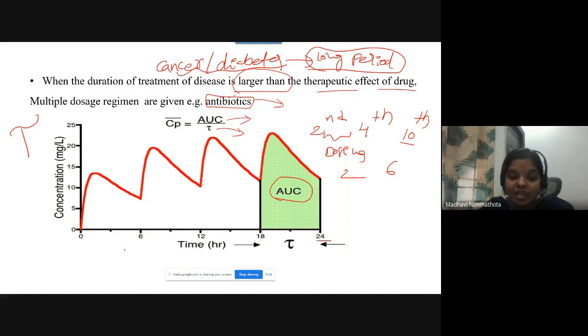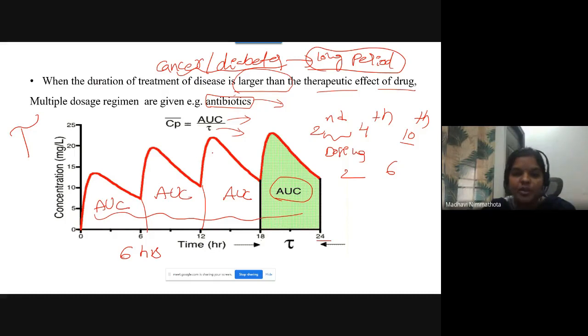Here the difference between doses is 6 hours. So for every 6 hours, you need to take the AUC into consideration. Then you have to add all these AUCs together, and the difference is obviously the same, 6 hours.